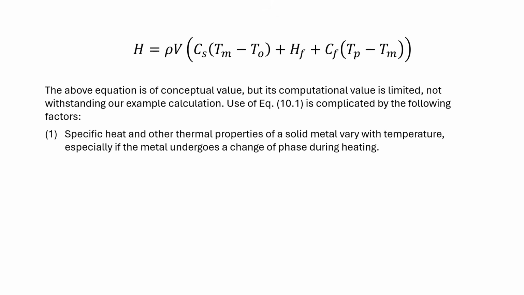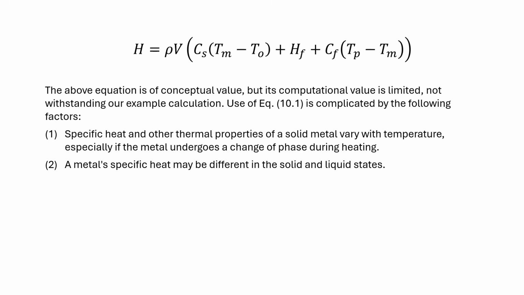First, the specific heat and the other thermal properties of the solid metal vary with temperature, so they are not constant. The CS and the CF are not constant, especially if the metal undergoes a change of phase during heating. Second, a metal's specific heat may be different in the solid and liquid states.